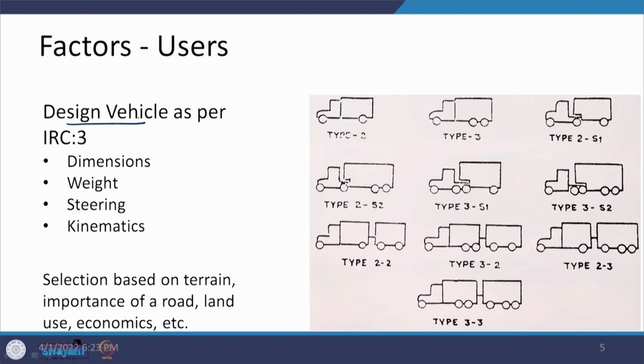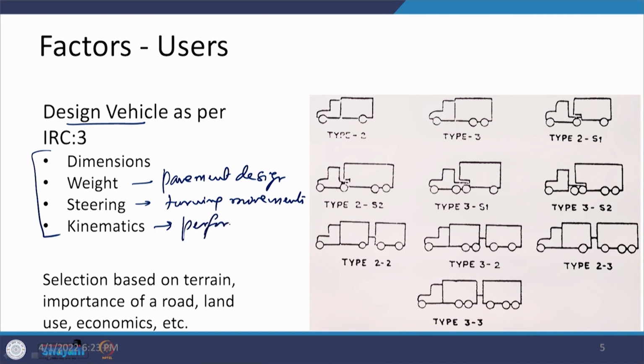And when you look at different types of vehicles, they are going to be distinguished by their dimensions, as I already said with the example of bicycle versus truck; by their weight, which is more important in terms of the pavement design, that is, what the axle load and the weight of the vehicle is; the steering, which is more important in terms of the turning movements; and the kinematics, which talks about the performance of a vehicle in different classifications of roads, different terrain conditions, or any situation prevailing on a system.